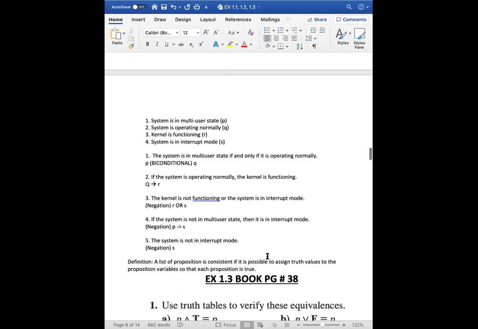Here, only if these truth values for the proposition variables make everything true can we say that this is consistent.